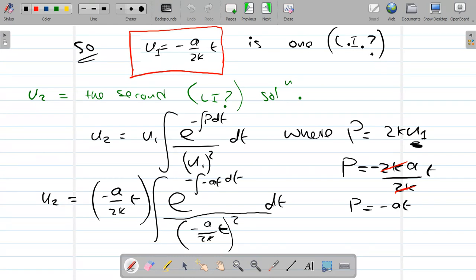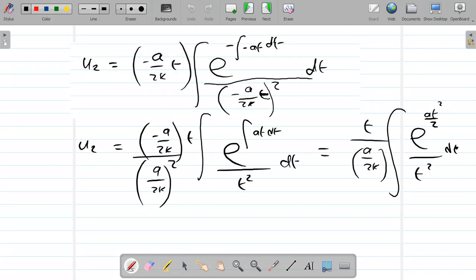u is 2k times minus a over, yeah, that's right, I think we're right there. The 2 disappears. So anyway, we'll just rewrite this here in front of the integral sign. So I'll just erase that and put the integral sign back in.